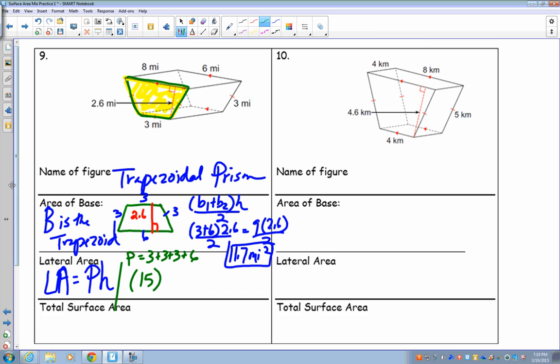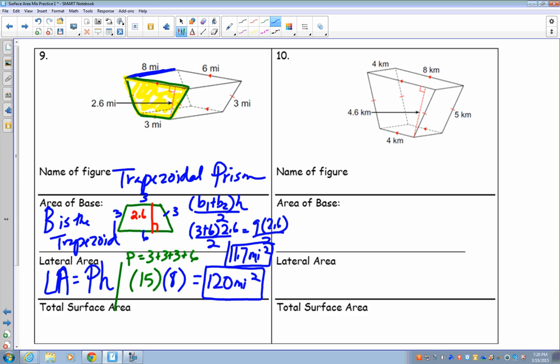The height of the prism is the distance between the bases, which here is 8. So we have 15 times 8, and that will give you your lateral area. Using your calculator or some mental math, you get 120 units squared.